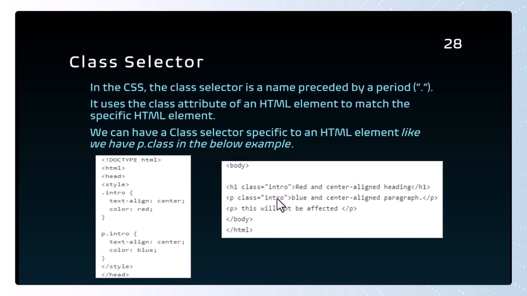And each one of those belongs to the same class. And then there's another P that does not belong to that class. And in the style section, you see we're setting the dot intro to the text align and the color red. So it would style those elements that have the class set to intro.